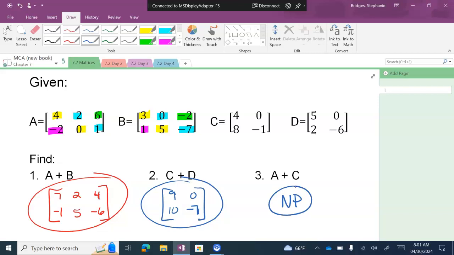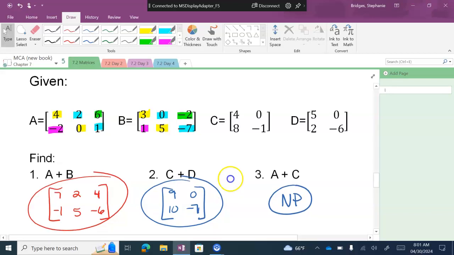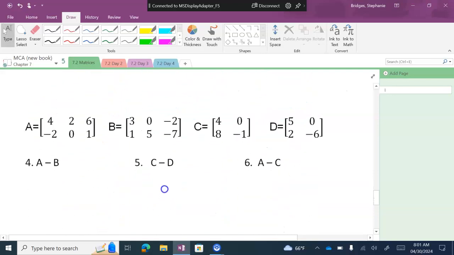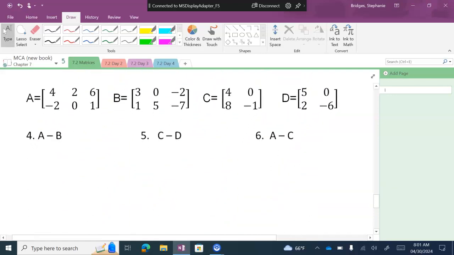Okay. Same 4 matrices. I don't remember if I wrote them again. You don't have to write them again. If I did, I just wrote them so that I could see them. We're going to subtract, which means we're doing exactly the same thing, except we're subtracting numbers now instead of adding numbers. What I want you to do is try A minus B. Again, they have to be the same size in order to do it.